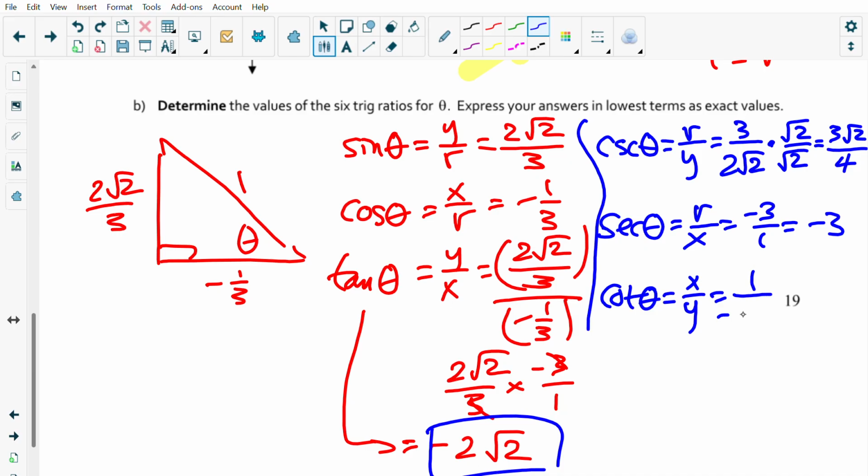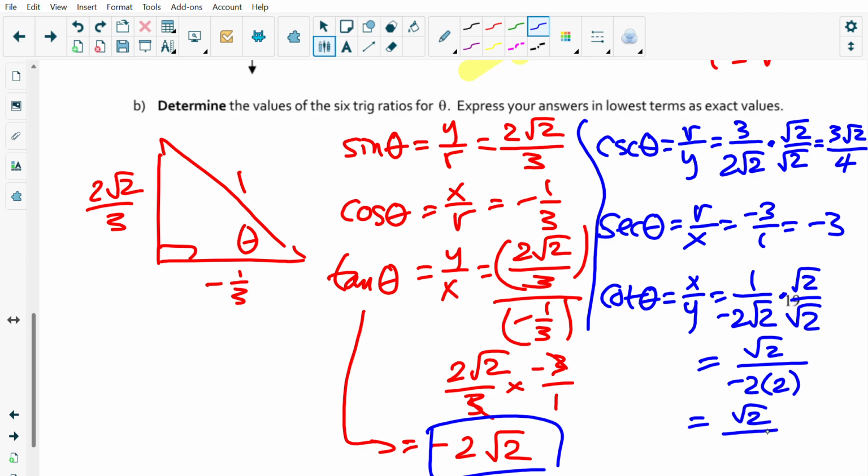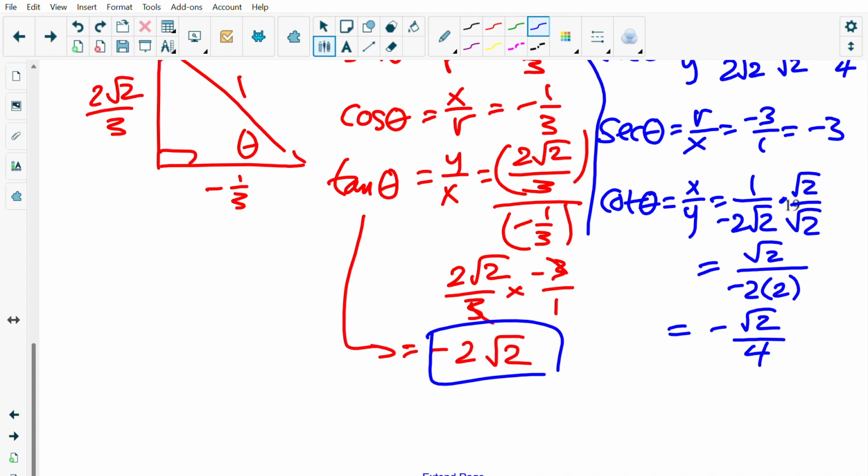I'm going to take this and just take the reciprocal. It says 1 over negative 2 square root of 2. Let's rationalize. That's square root of 2 over negative 2 times 2. That equals negative square root of 2 over 4.